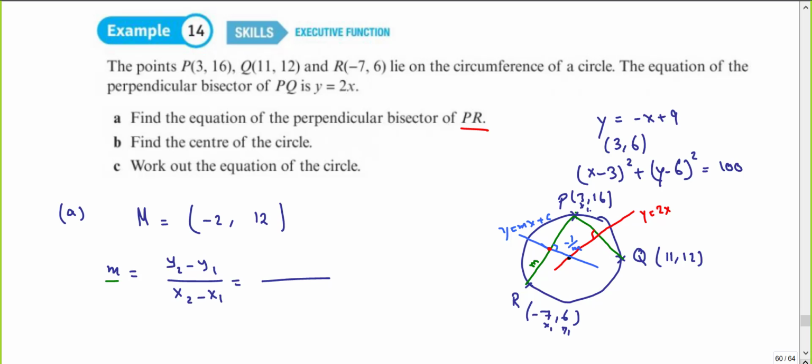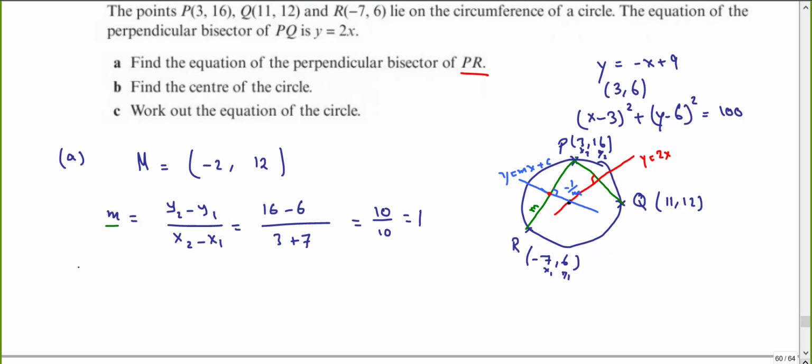So y2, 16 minus 6, divided by 3 minus 7, that's plus 7, 3 plus 7, that's 10. 10 over 10, which is 1. So the gradient for the perpendicular bisector will be negative 1 over m, it will be negative 1.